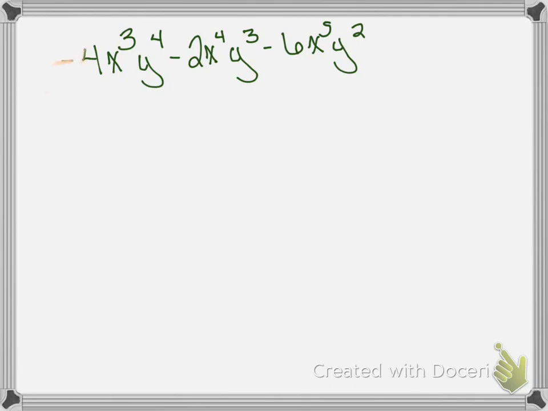So here I've got a -4, here I've got a -2, and here I've got a -6. What number goes into all three of those? 2 does. And I would say -2. Now, if you only take a 2 out, you're still going to be correct. But a -2 can come out of all of it. Okay? So I am going to pull out a -2.